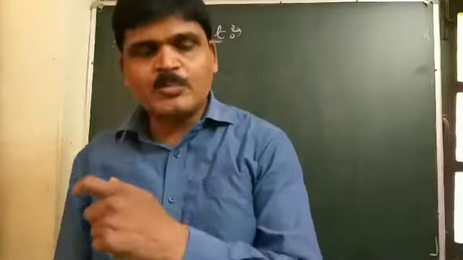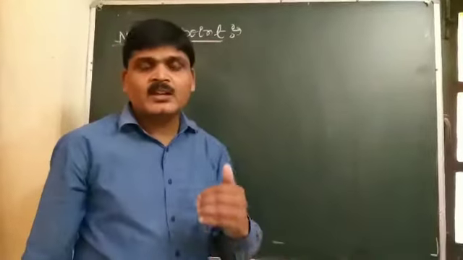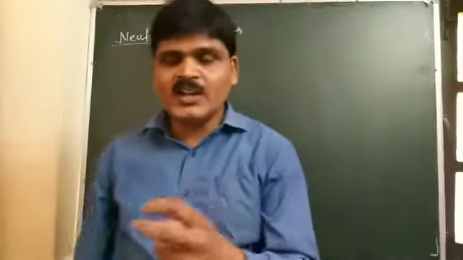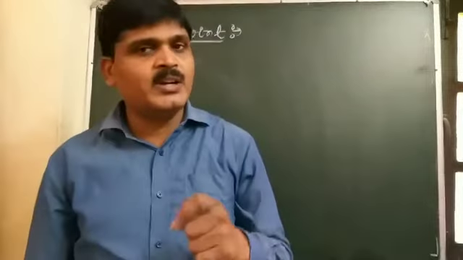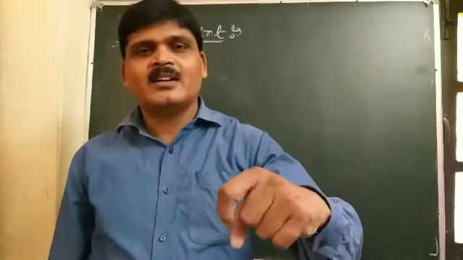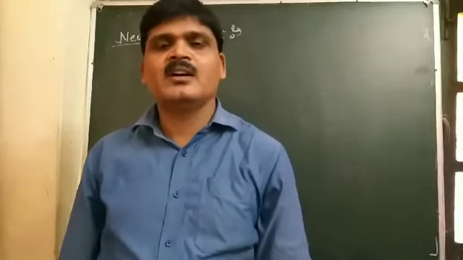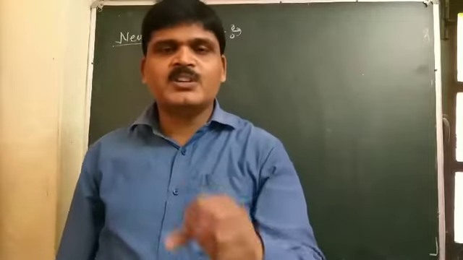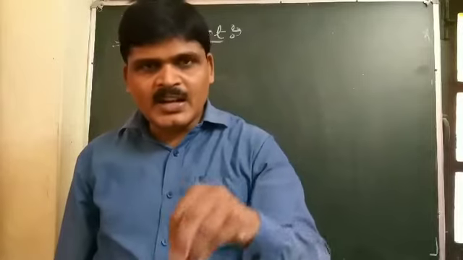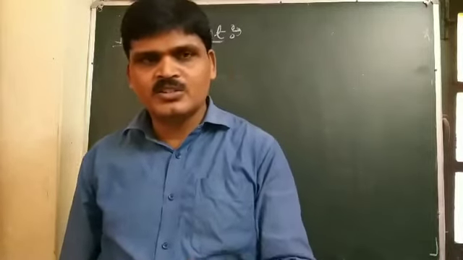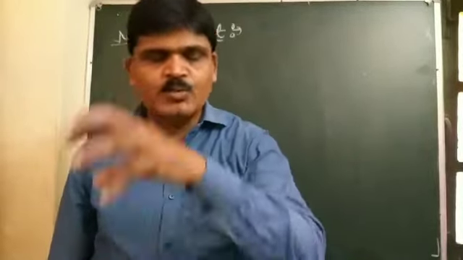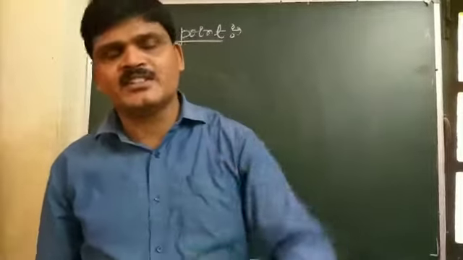So how can we define a neutral point? A neutral point can be defined as a point where the magnetic field due to a magnet and the magnetic field due to the earth have the same magnitude but opposite direction. The net magnetic field at that point is 0. And if we place a magnetic needle at the neutral point, it will stay in any direction.